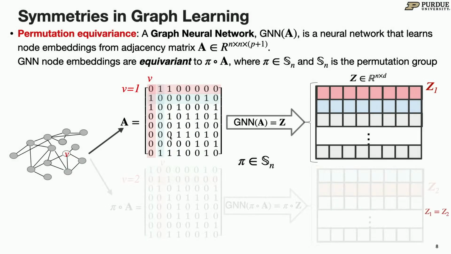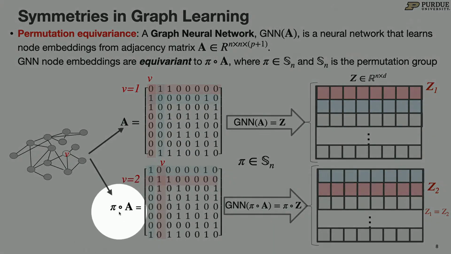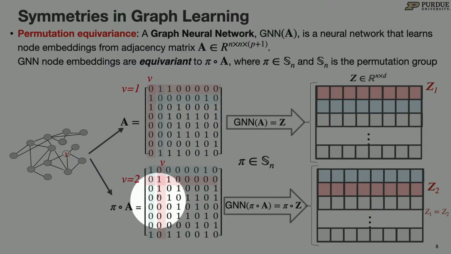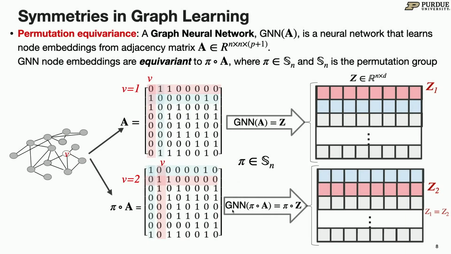But if I apply a permutation that permutes the first node with the second node, I'm permuting the rows and columns appropriately in this adjacency matrix. Because the neural network is equivariant, this is equivalent to just permuting the embeddings. The embedding that was on the first node is exactly the same vector, but now on the second node. That's what it means to be equivariant.